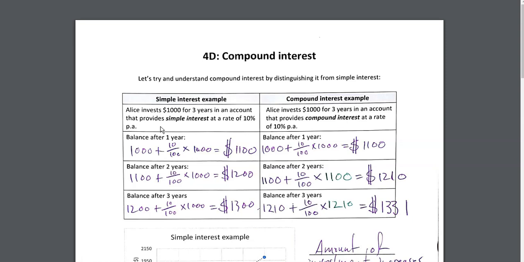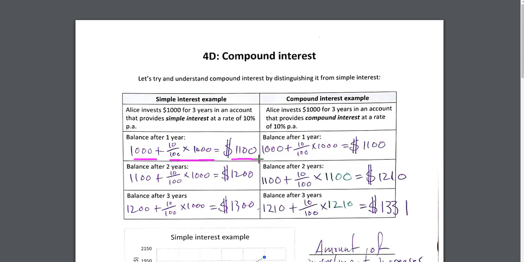All right. Now, the thing about simple interest is we know that for each of those 3 years, she will get 10% of the principal, the original amount. So, after the first year, the balance after year one, let me turn on my pen, is going to be the $1,000 plus an extra 10% of $1,000, which is $1,100.